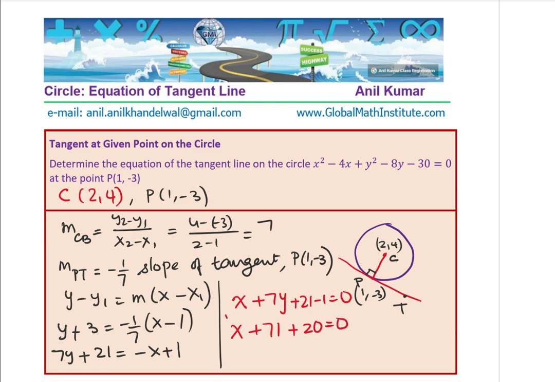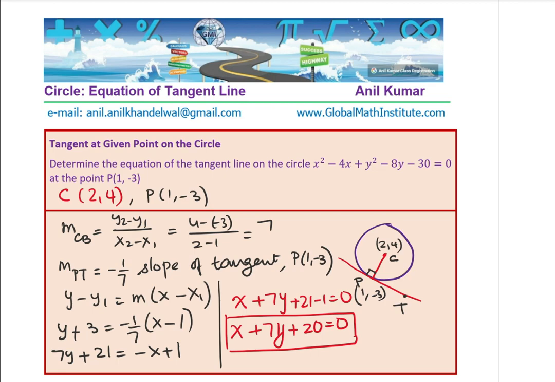Makes sense. So that becomes the equation of the tangent line in this particular case: x plus 7y plus 20 equals 0.